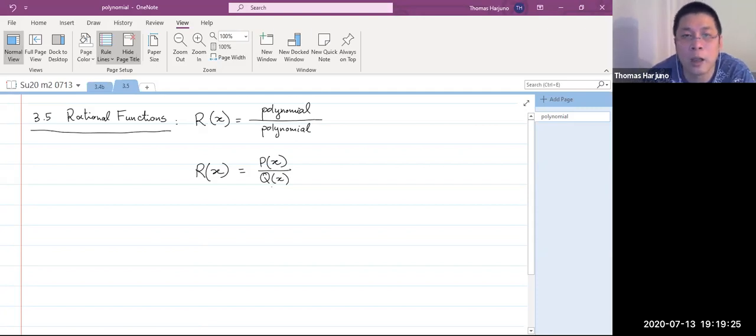Okay, and I will use coefficient a's on the top, degree n, because it's polynomial, right? So I still can use polynomial notation.